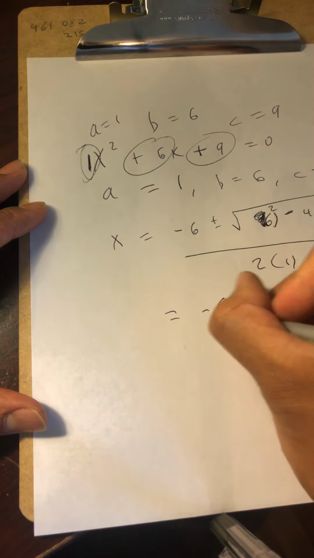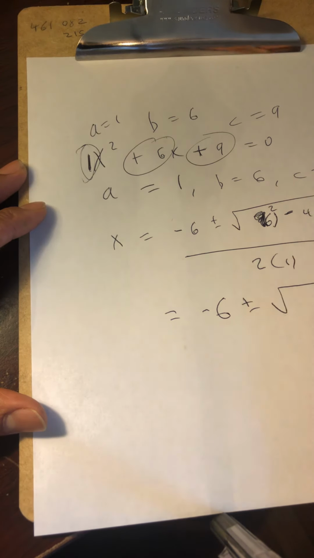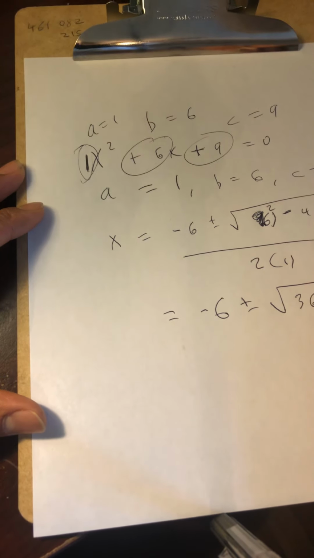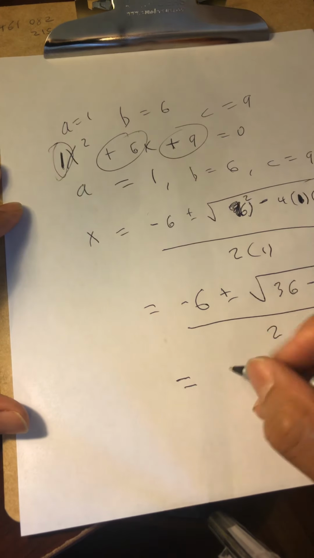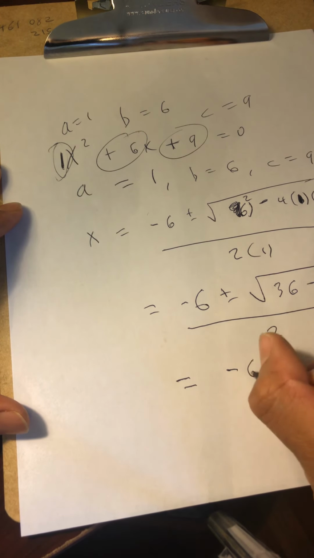So that's going to be minus 6 plus or minus the square root of 6 squared, 36, minus 4 times 1 times 9, which is 36, over 2. And so what we're going to have here is minus 6 plus or minus the square root of 0.